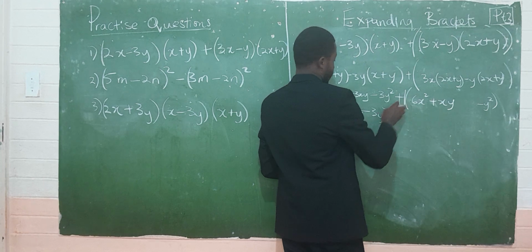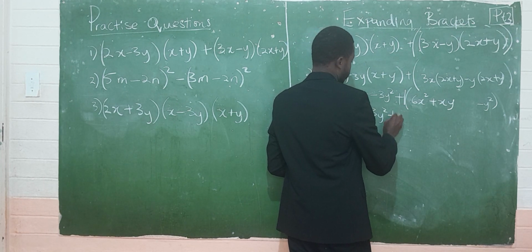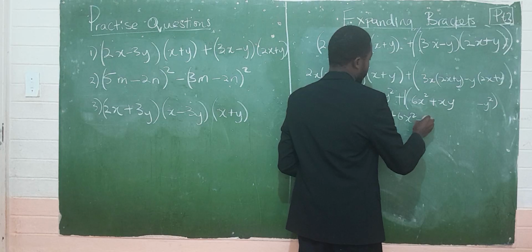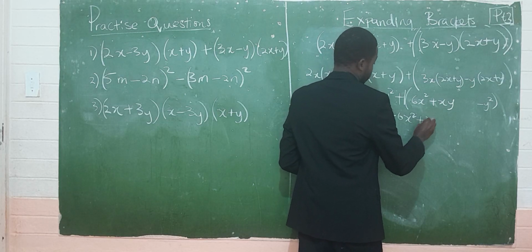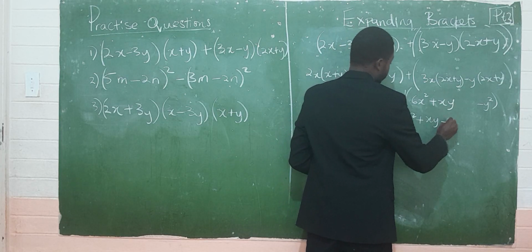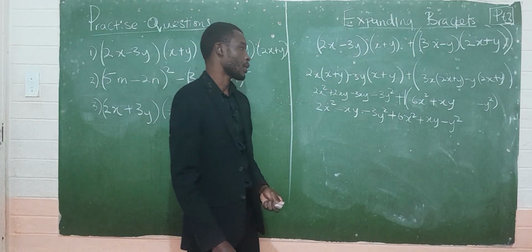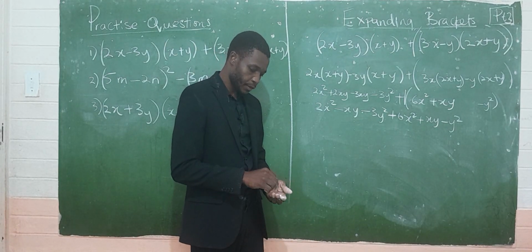And of course, I'm going to distribute the 1. That will be plus 6x squared. And that will be plus xy. And that will be minus y squared. This is our expression without brackets.